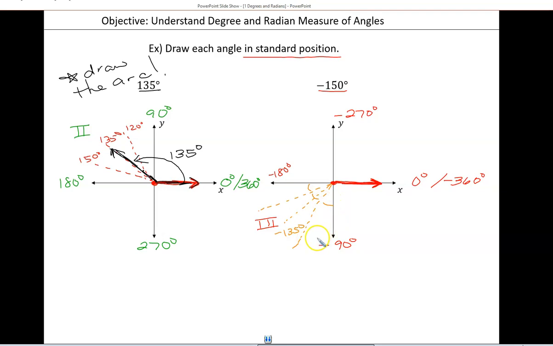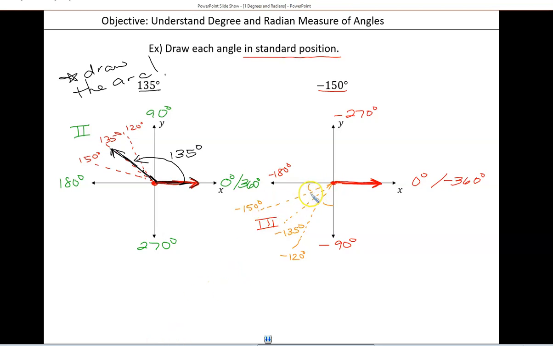So each one of those is 30, because 30 plus 30 plus 30 is 90. This would be negative 120. And this one would be negative 150. And then another negative 30 would be my negative 180 to take me to the axis.